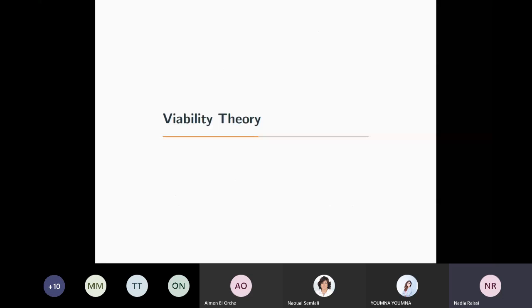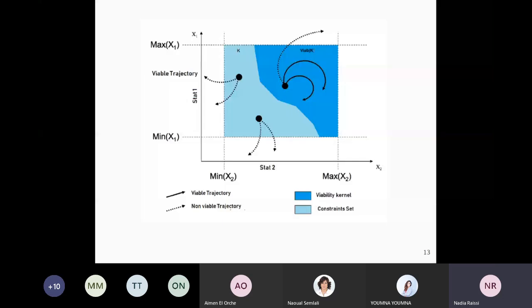We try to sustain this system in the domain named K, which is in the light blue color. For any initial state, any initial value X1, X2, and any control we can take in the light blue region, you can see that it exits the set, meaning that for any policy we make, we will lose this set.